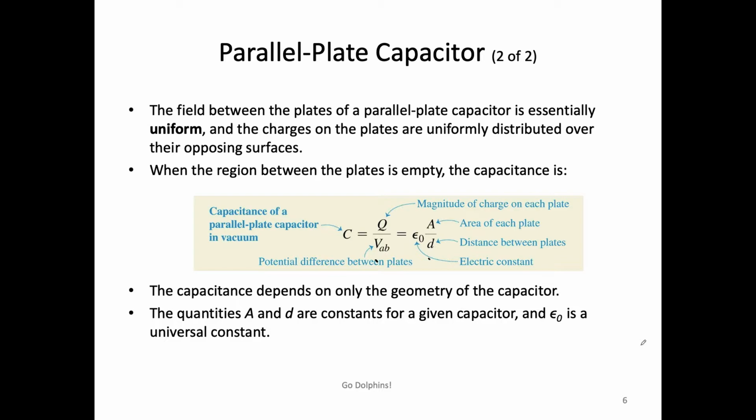If we look a little more at this expression, you will find that if you increase the area of the plate, you can increase C, and if you decrease the distance between the two plates, you can also increase C.